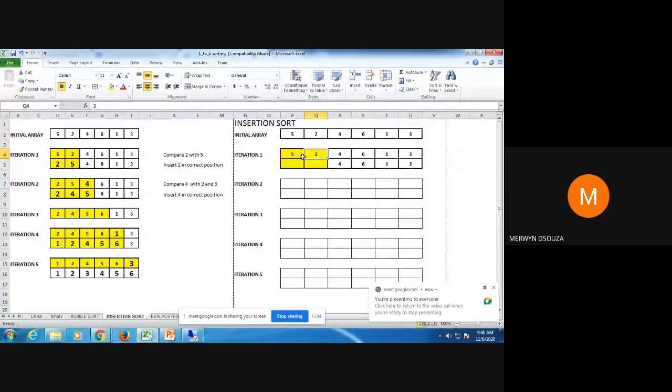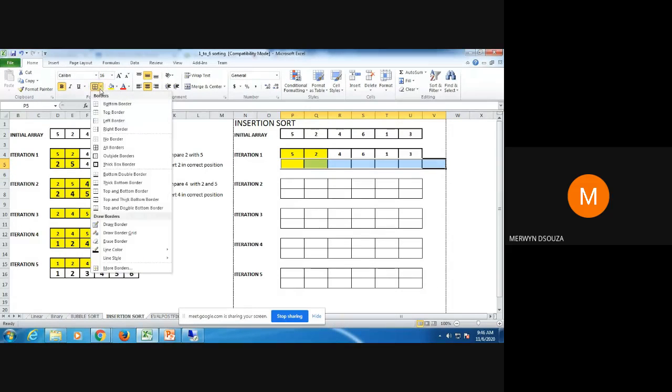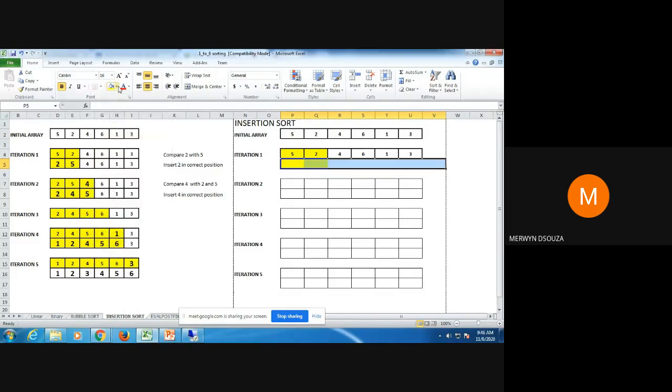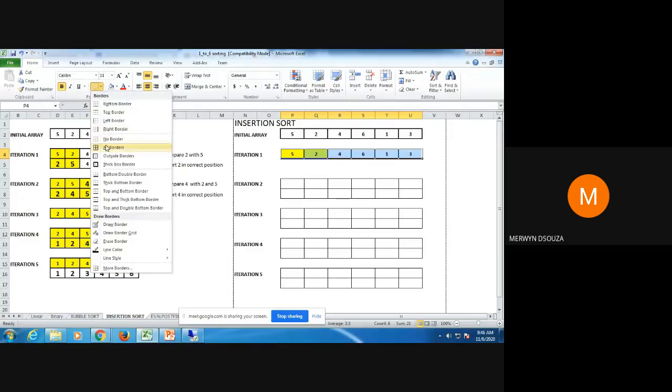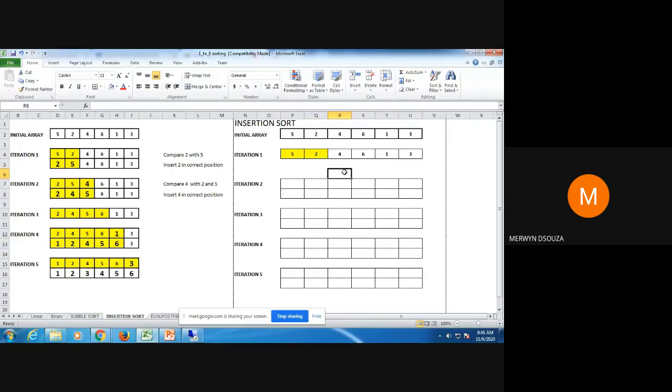When you compare 5 with 2, you see that 5 is already greater than 2. So it is already in descending order here. There is no swapping involved. So this is already in the proper order, 5 and 2.